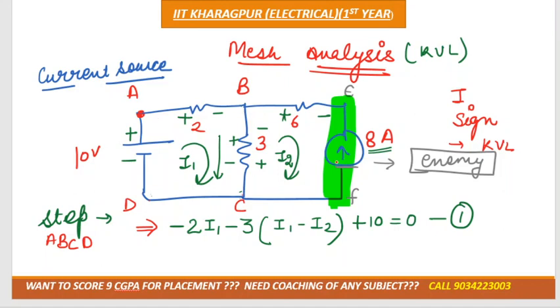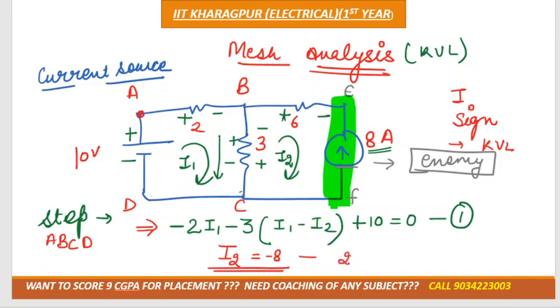They are in the opposite direction. So I2 would be equal to minus 8. If they are in the same direction, then it would be positive. If they are in the opposite direction, then it would be negative. Clear?